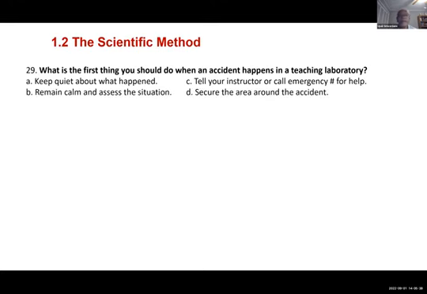Remain calm and assess the situation. Secure the area around the accident. So what is the most important thing you should do first? You tell the teacher and call the number for help. C. I got that right.